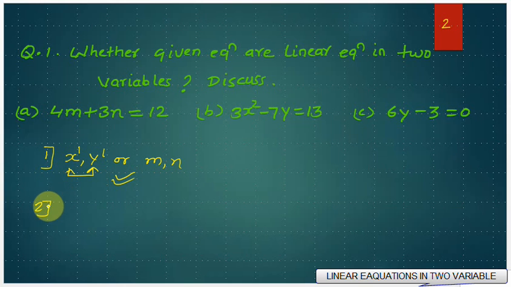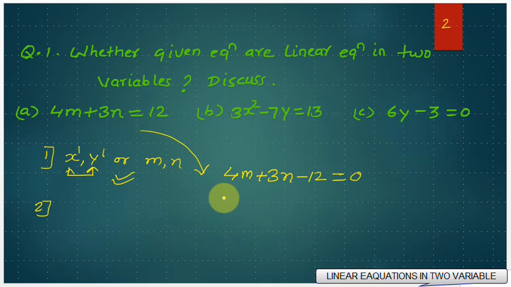According to these two conditions, the first equation given is 4m plus 3n is equal to 12. If we convert it into the standard form, it will be 4m plus 3n minus 12 is equal to 0, and comparing with am plus bn plus c is equal to 0, this is the standard form.